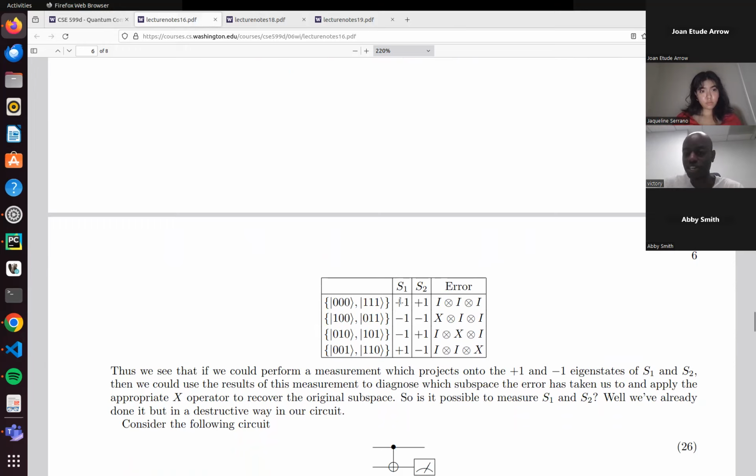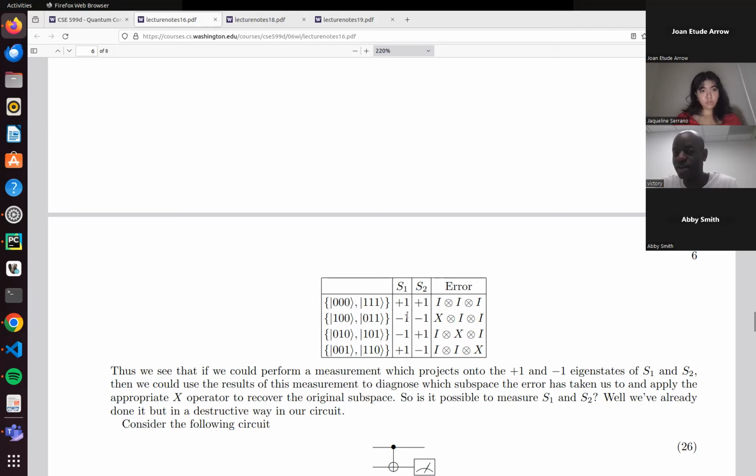If you measure those 2 qubits, these are just eigenvalues, but you can say +1 is a 1 and -1 is a 0. If you get a 1 1, then you know that no error happened on your state. So then you don't do anything.